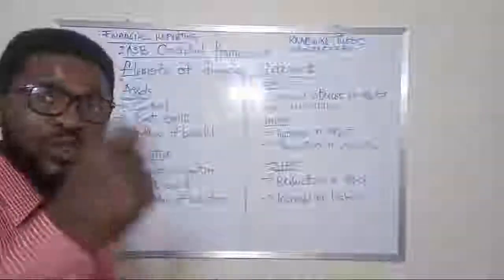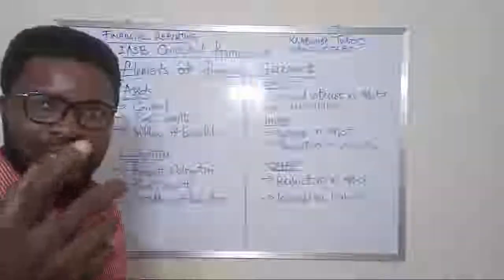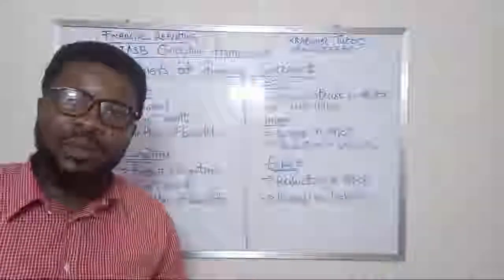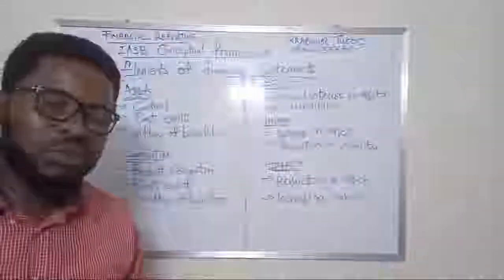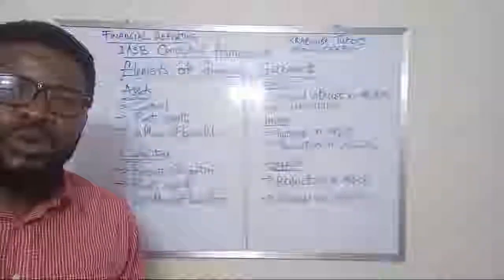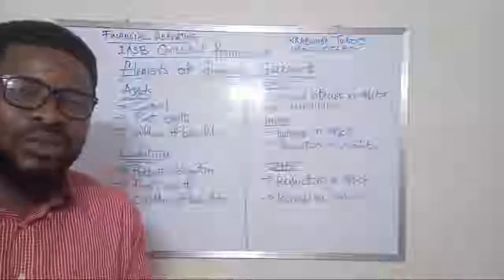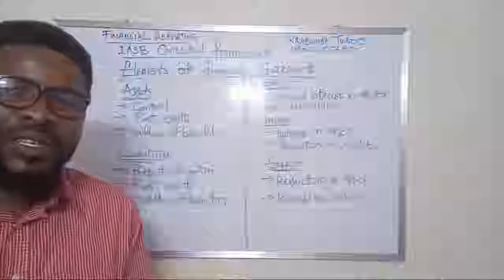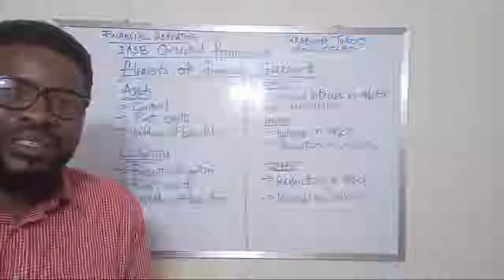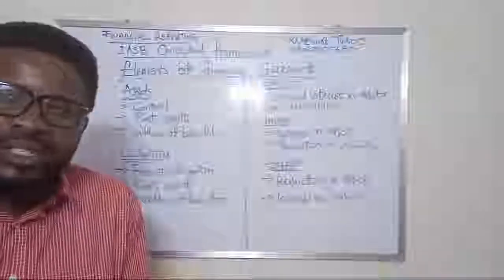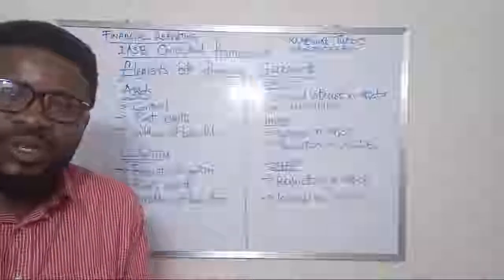If they wake you up, you have to have the format. If you don't have the format, and we go ahead and we're talking about the standards, it's going to be an issue. Because first of all, you have to know what we're talking about, where is it going to? If I'm talking about contingent liability, IAS 37, where is it going to? Contingent asset, where is it going to?